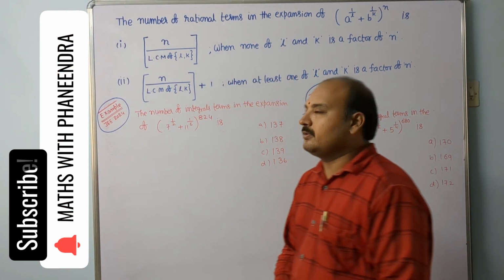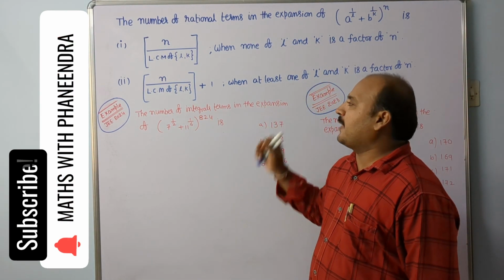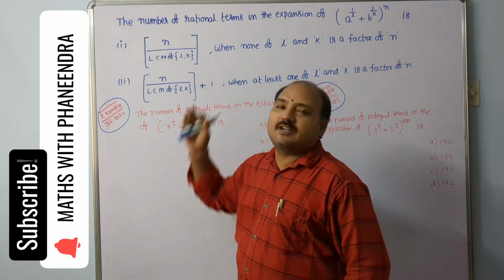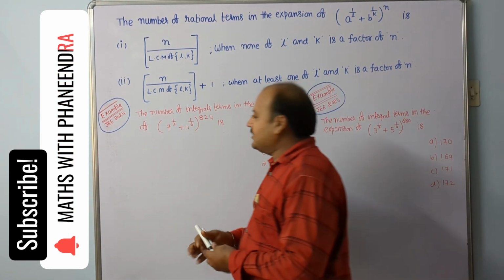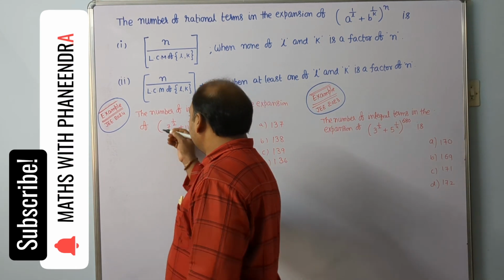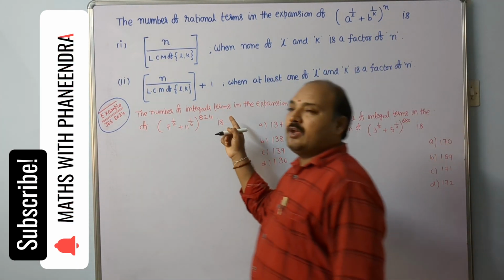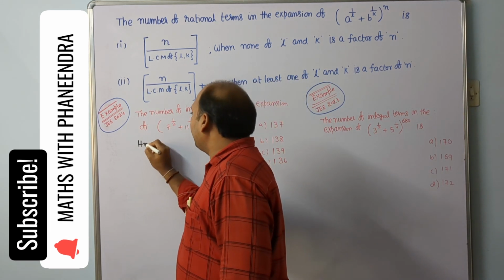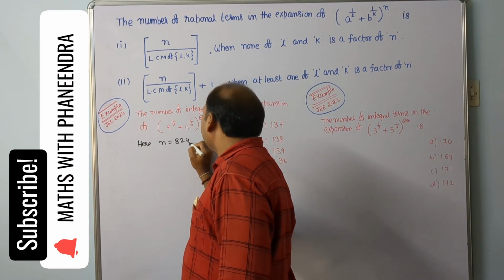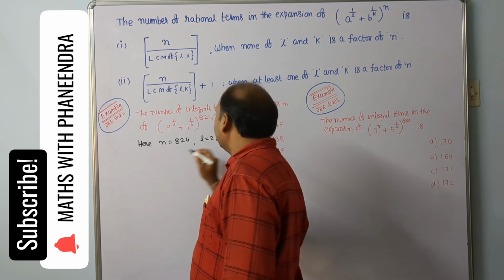The next question: find the number of integral terms in the expansion. Integral terms means rational terms, okay, students? First compare with a^(1/L) + b^(1/K) whole power n. Here I am writing the values: n is equal to 824, L is 2 and K is 6.